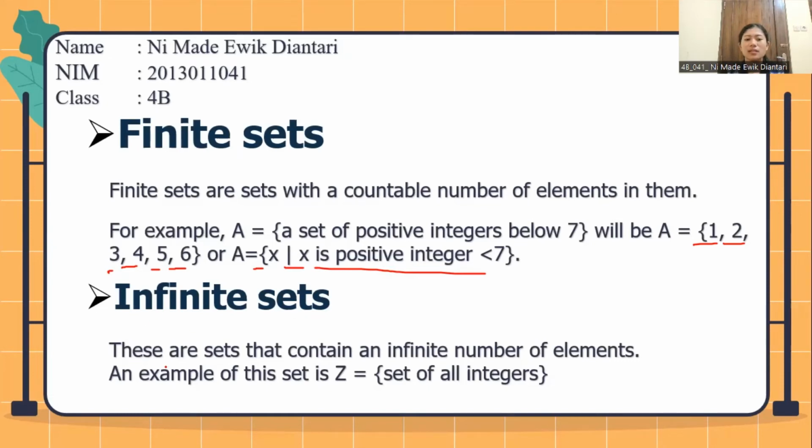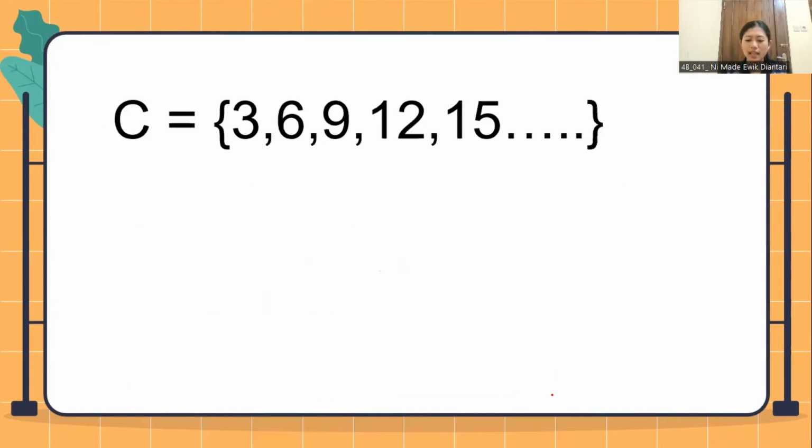These are sets that contain an infinite number of elements. An example of this set is Z, the set of all integers. Another example is multiples of 3, which can be denoted by set C, which contains the elements 3, 6, 9, 12, 15, and so on. The series of dots after the last element listed is used to express its infinite status.